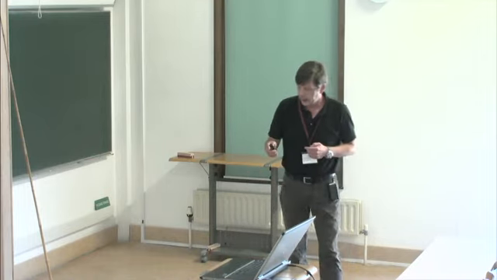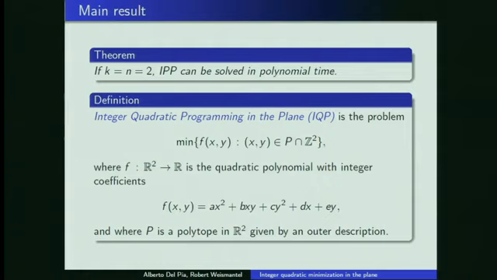So now I think I'm prepared to show you this result. If k is equal to n is equal to 2, then I claim we can solve this problem in polynomial time. So from now on, I will look at this general quadratic form in two integer variables, x and y.